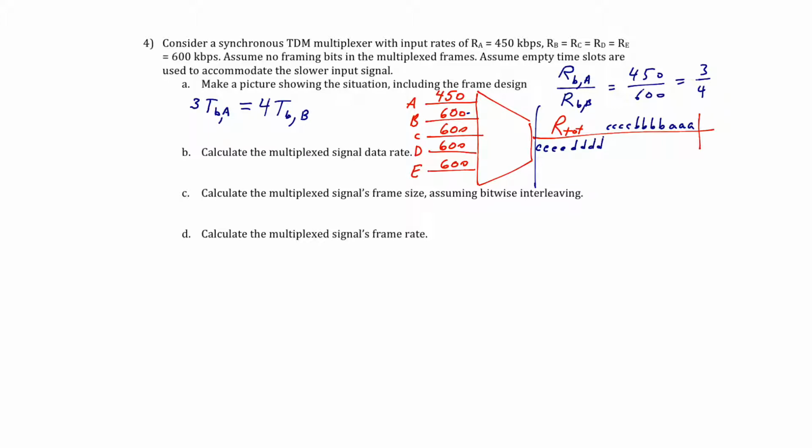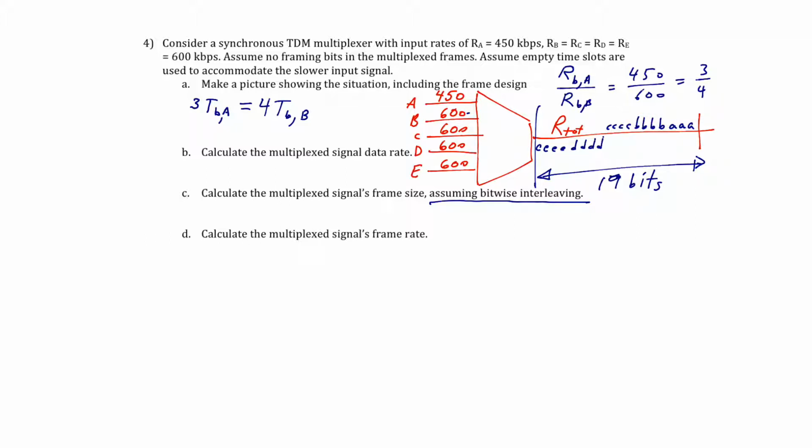My R-total kind of got in the way there. And so we can see here that we've got 3, and then 4 times 4, 16, 19 bits. And yes, we are going to assume bitwise interleaving at some point, so we have 19 bits in our frame. So the 3 little A's represent 3 bits from source A, the 4 little B's represent 4 bits from source B, etc.